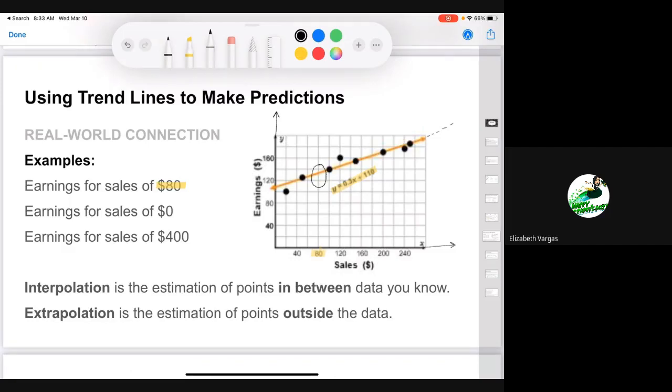But can we find a clear y? Yes, we can. And the way that we would do that is we would plug it into the equation for our trend line. So 0.3 times 80 plus 110. What does that give me? 134. So when I have an earnings for sales of 80, I get 134. Okay.